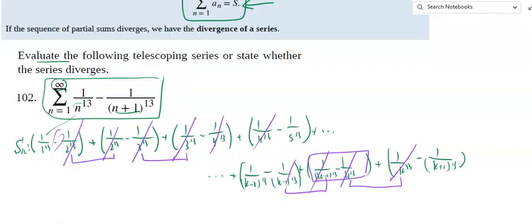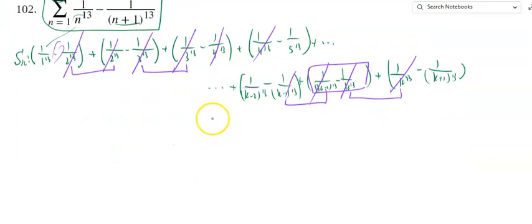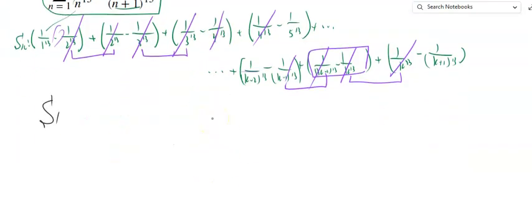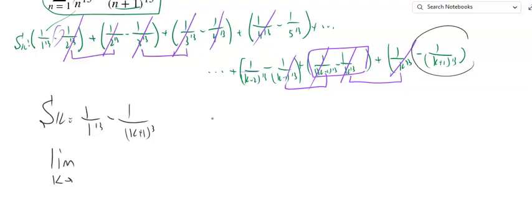So in general, this S sub k is going to look like the very first term minus the very last term. According to the theorem, you treat this like a sequence. You take the limit as k approaches infinity of S sub k.